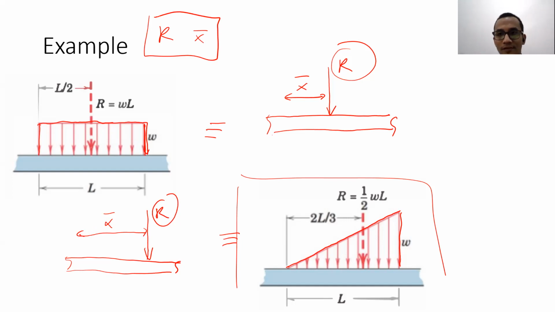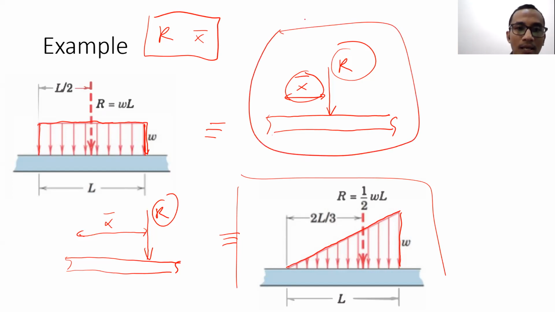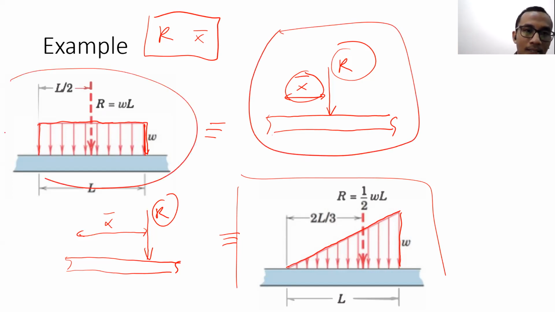So when you have a distributed force, you can represent it as a concentrated force at a certain location. R is the representation of the concentrated force, which can represent the distributed force. X bar is the representation of the location of R, which both of these represent the whole distributed force. Do you get it, guys?